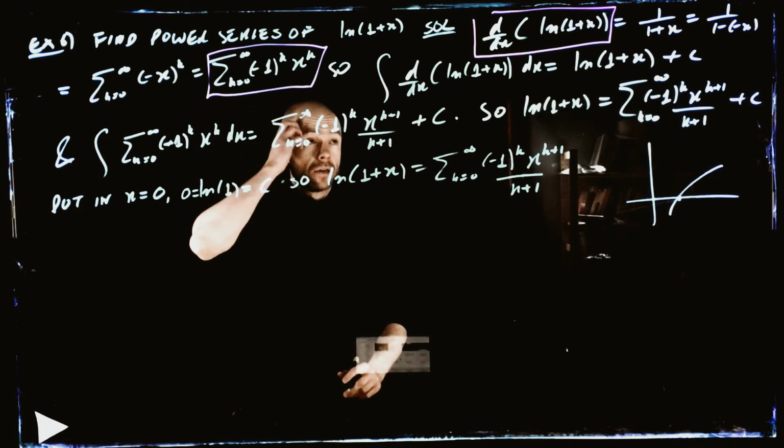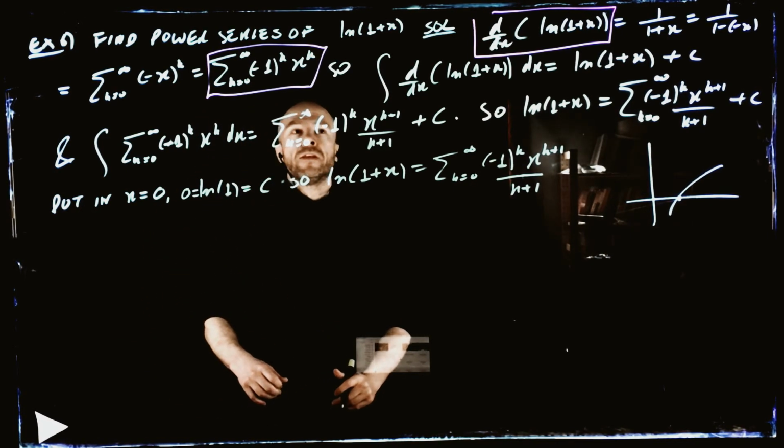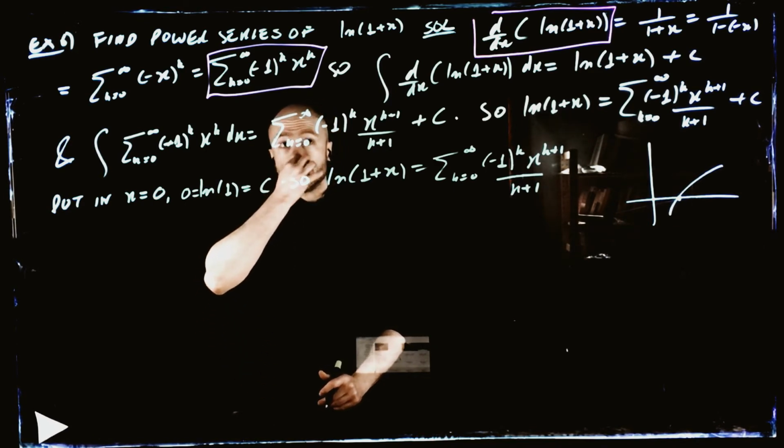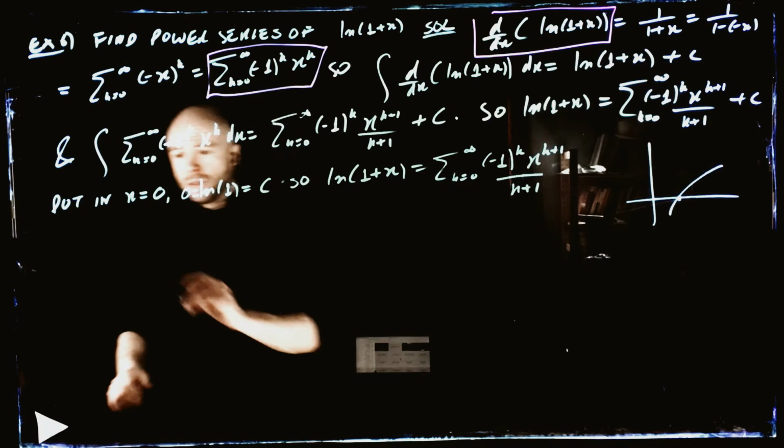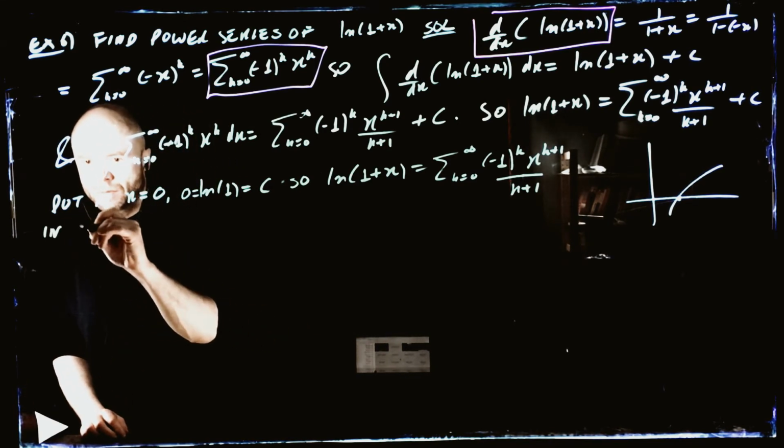All right, so again, I wrote things out somewhat in detail. If I was doing this on my own, what would I do? I would just do this, in one line.